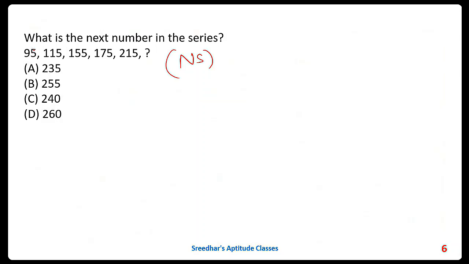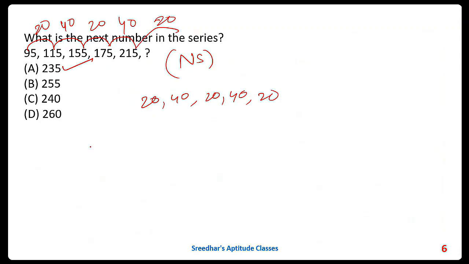Right. So the difference between the first two numbers is 20 and then 40 and then again 20 and then 40. So it's alternate: 20, 40, 20, 40. Next should be 20. So 215 plus 20 is 235. Option A. Quite a straightforward and simple question. So the answer is option A.